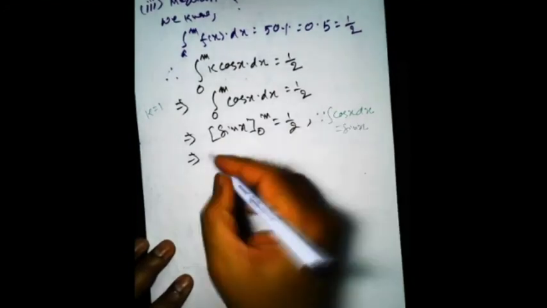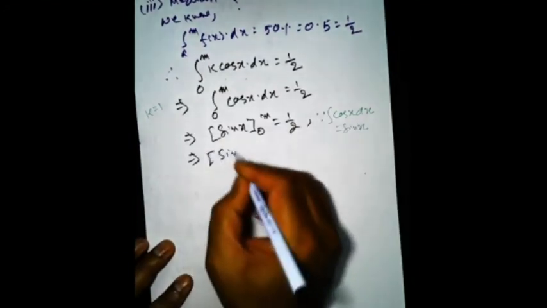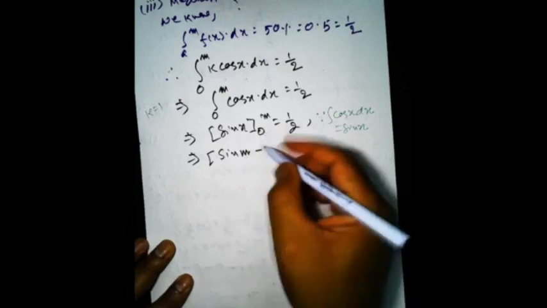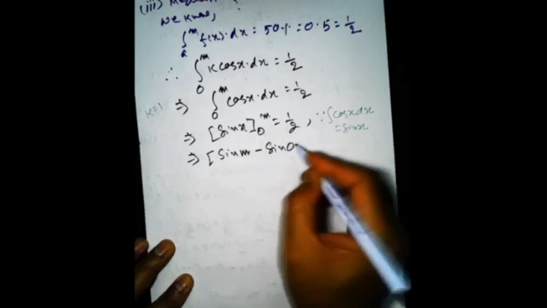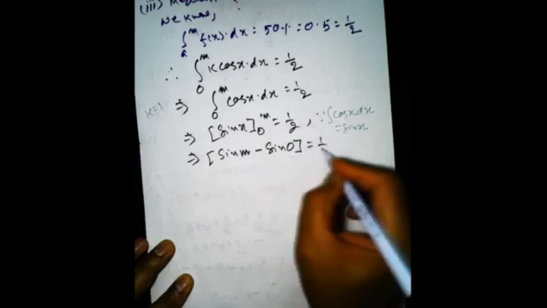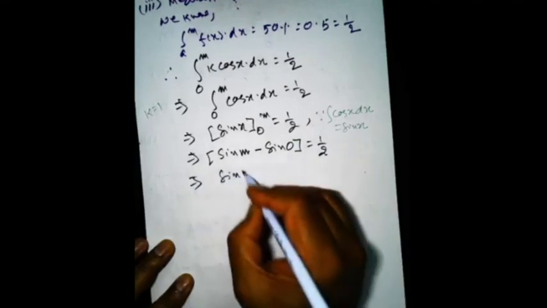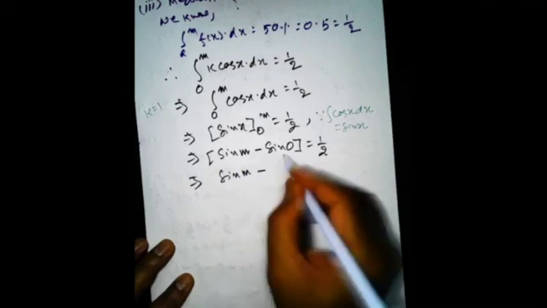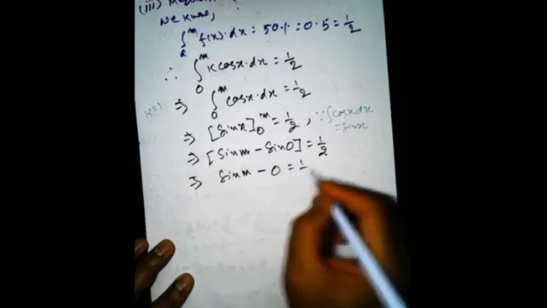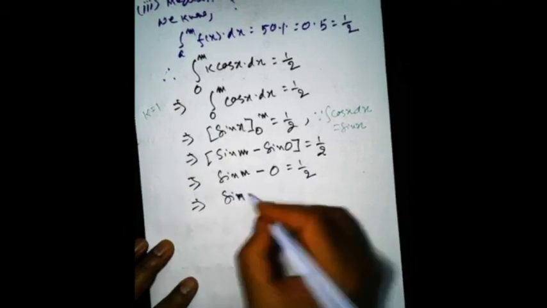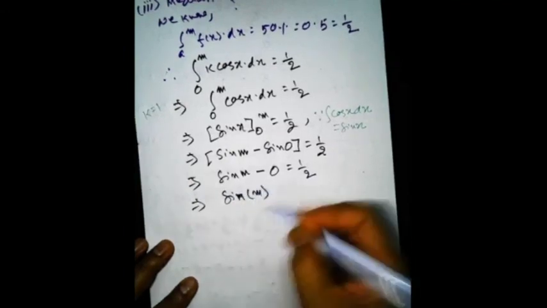After this you put in the values: first the upper limit, so it is sin m minus the lower limit sin 0, and this is half. Sin m minus sin 0, which is 0, equals 1 by 2, so sin m is half.